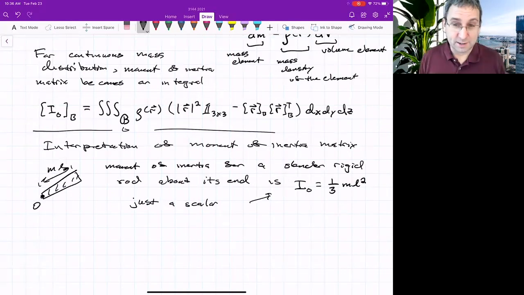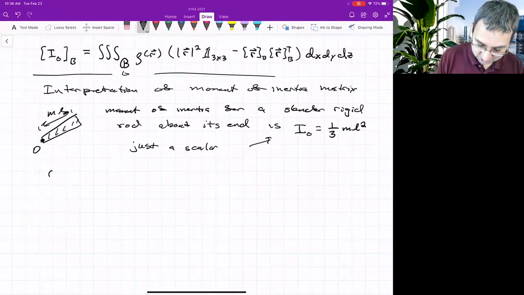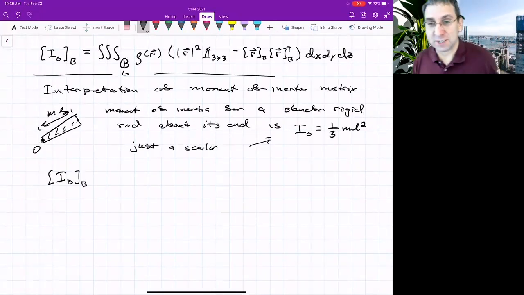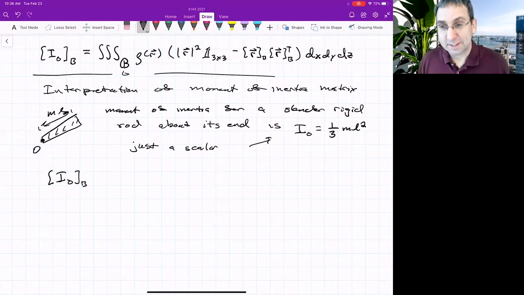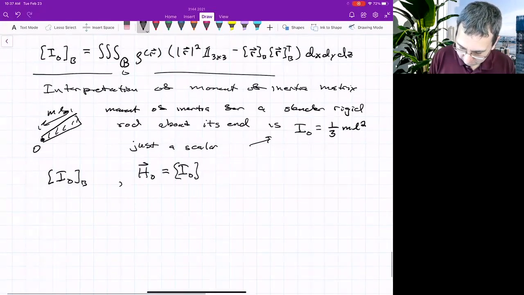But now you need to think not in terms of just a scalar, but you've got a matrix, and maybe the way that you've learned to handle matrices is, you know, that there are certain eigenvectors, right? So if we're writing the angular momentum is some moment of inertia, I'm doing everything in the B frame just to be careful.